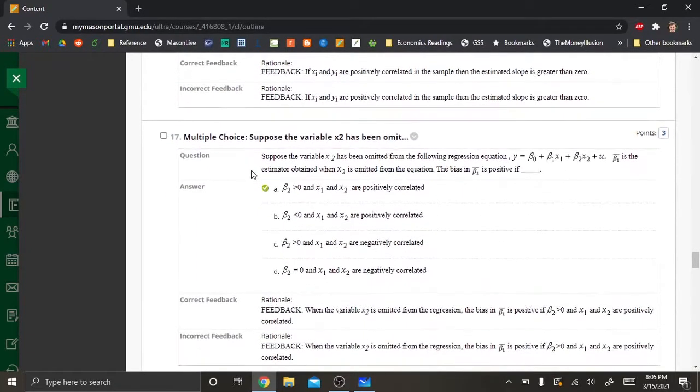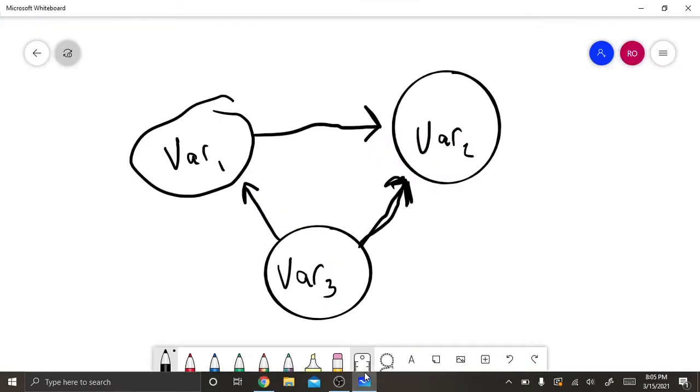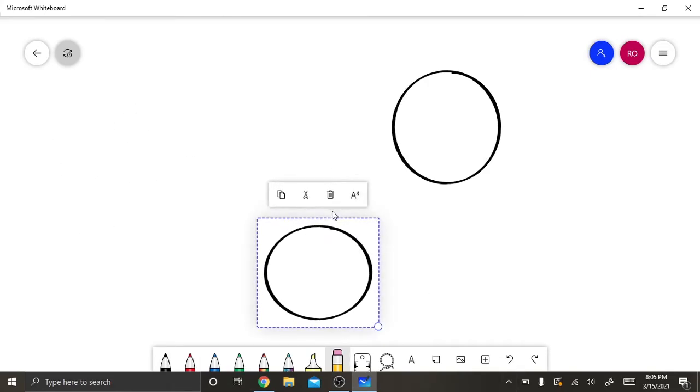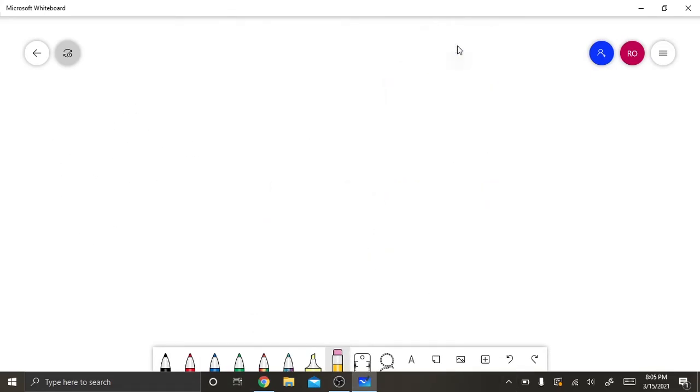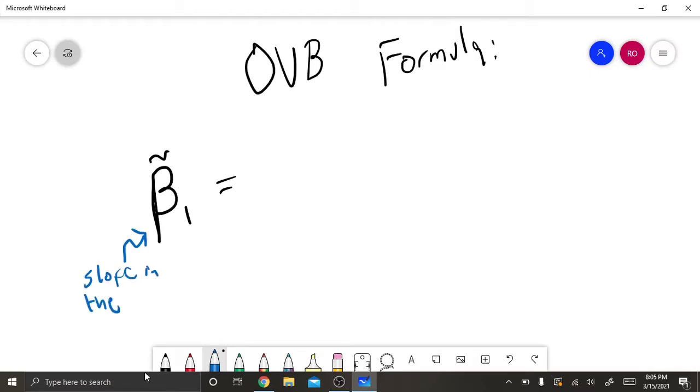All right, next one. This one, you're going to use, if you remember, our omitted variable bias formula, our OVB formula, which tells us that this is the slope in the short regression.